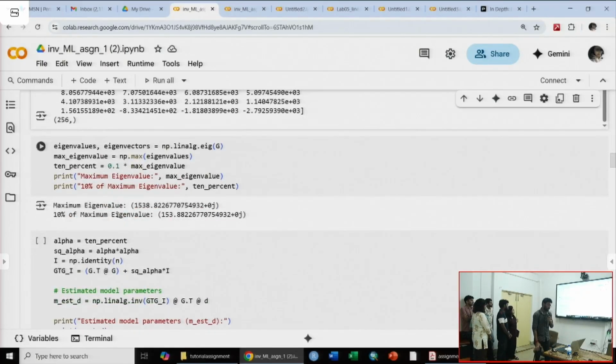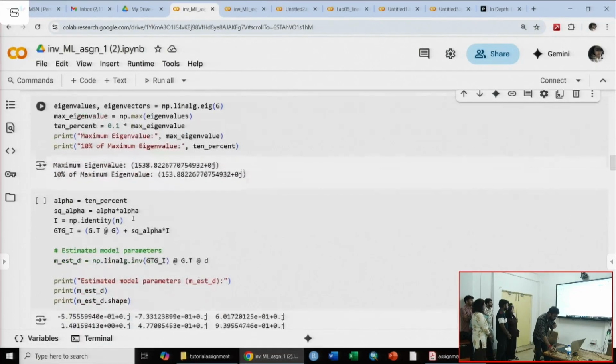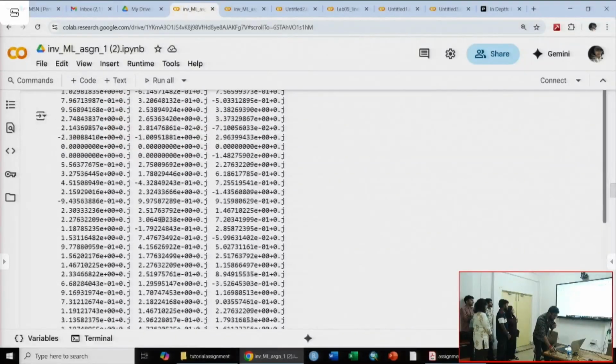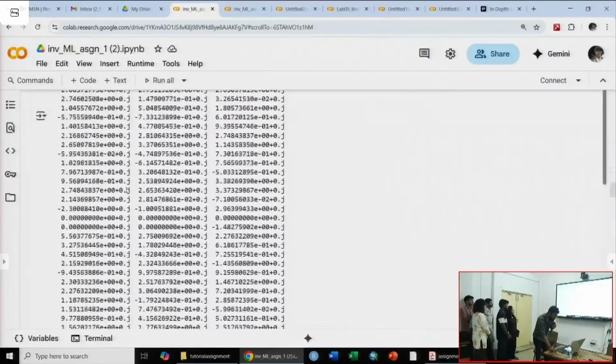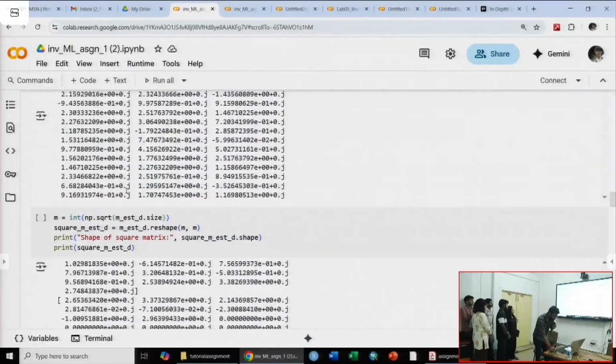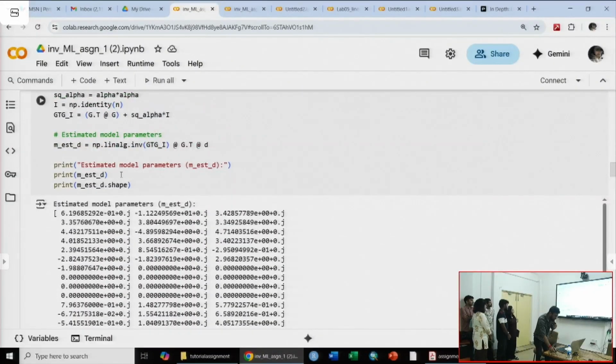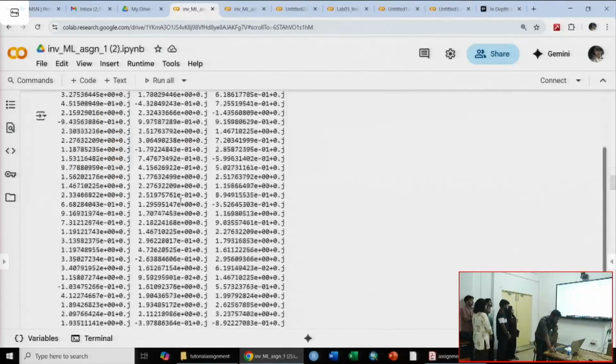And for the calculation of the optimum alpha, we use 10% of the eigenvalues of GTG, and using this we are getting a matrix. Like from the 10% of the eigenvalues of GTG.